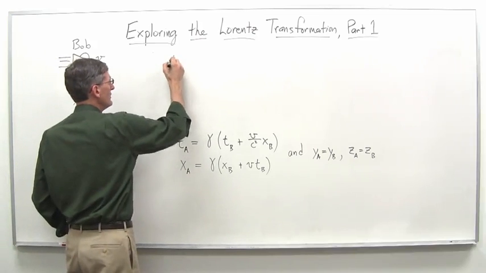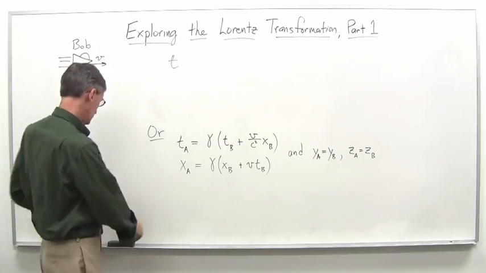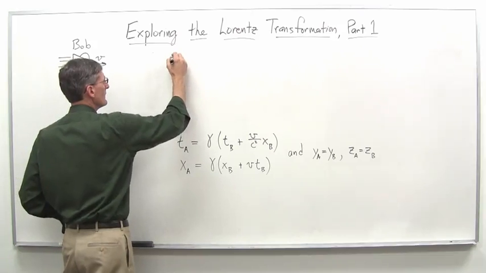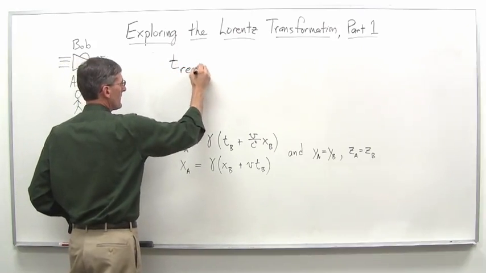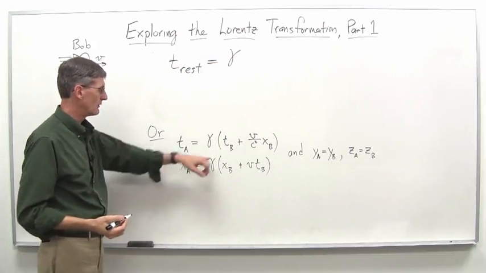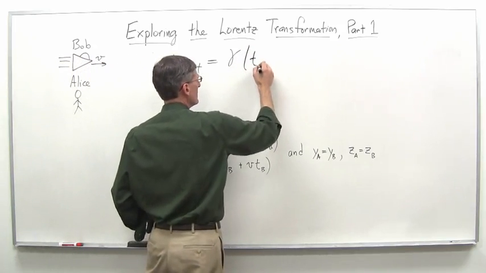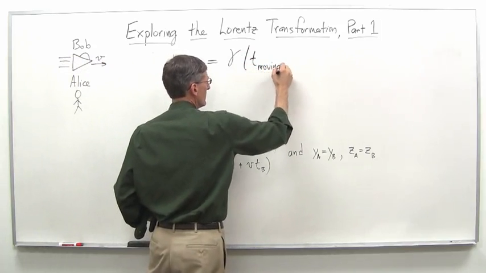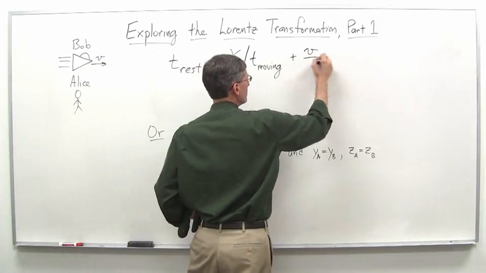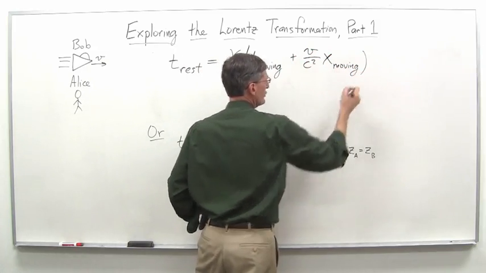We'll say T rest equals gamma, still being the Lorentz factor. T B is our moving frame, so we'll just say T moving plus v over c squared x moving.